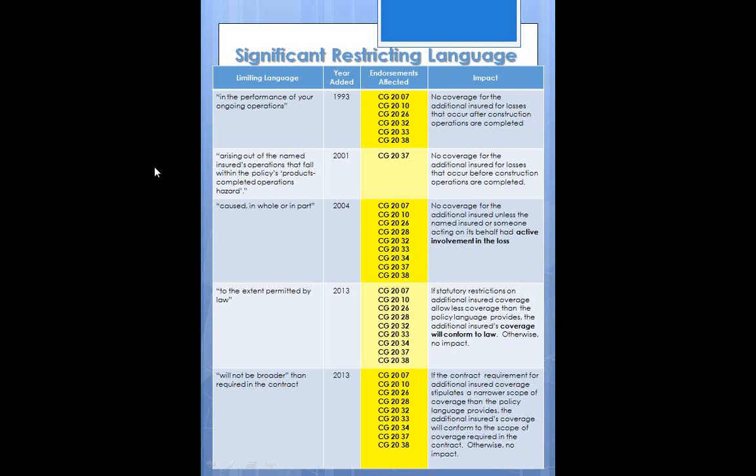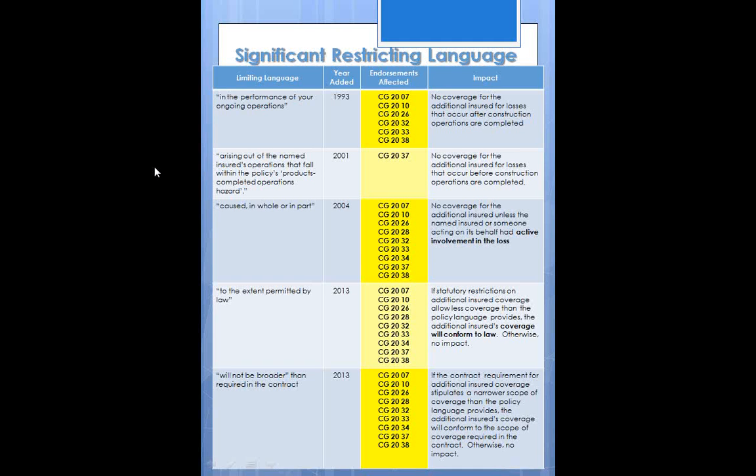Now, if you want both, you want coverage while they're there and coverage after they leave for whatever may occur, then you want both the 2010 and the 2037, the 2. In 2004, that's when things really began to change. They added wording, the limiting language, that said caused in whole or in part.